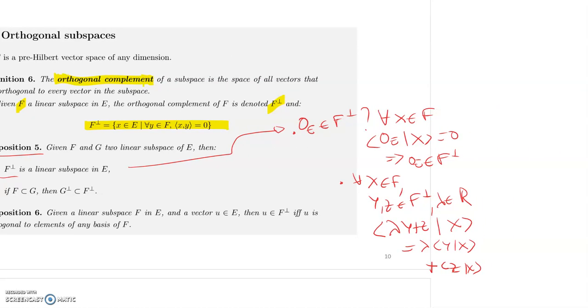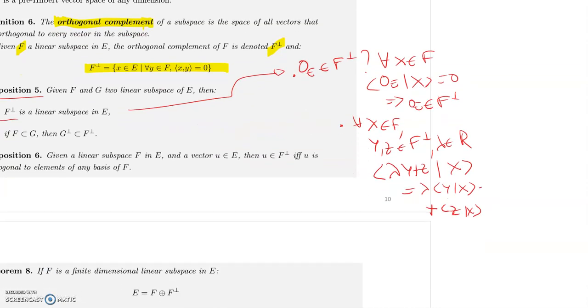As both y and z belong to F orthogonal, the two inner products are equal to 0, so the whole thing is equal to 0. These two properties together give us that F orthogonal is a linear subspace of E.